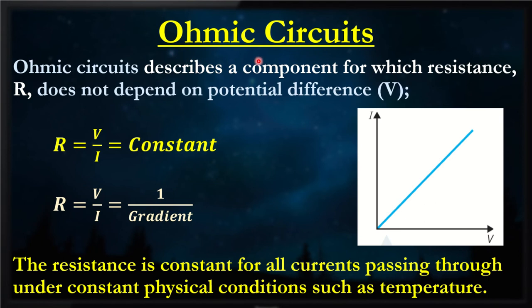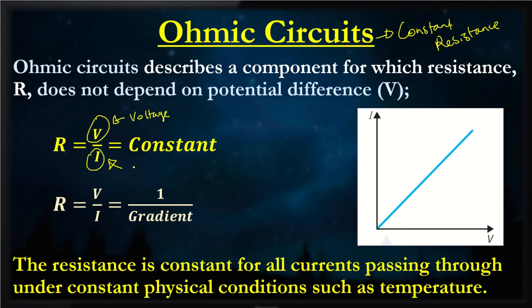When we say ohmic circuits, we're saying that the resistance is constant. Okay, so ohmic circuits, we have a constant resistance. Now the way we can work it out is if we do any scientific experiments, if we try and change the voltage of a particular circuit and then measure the amount of current, and if we plot that on a little graph, we should see a straight line gradient.